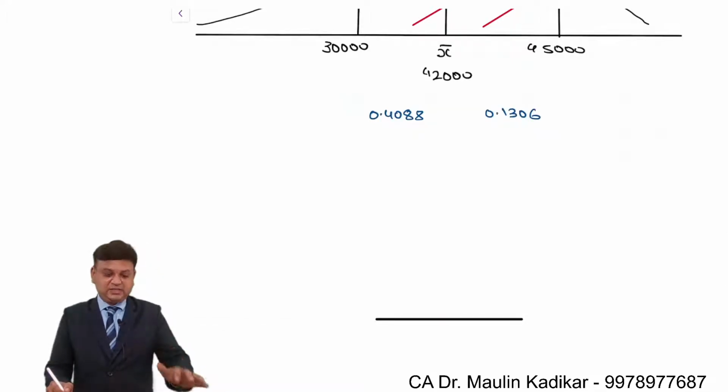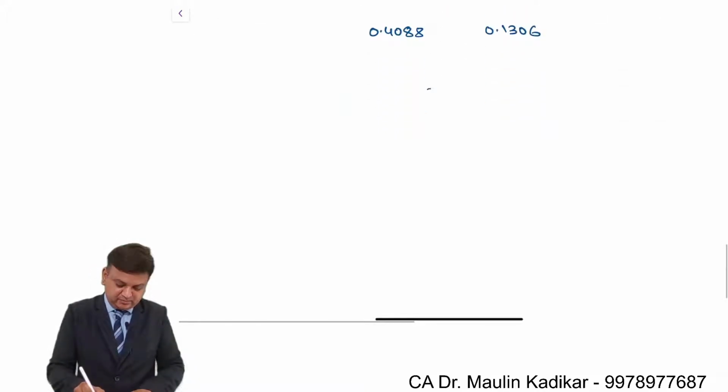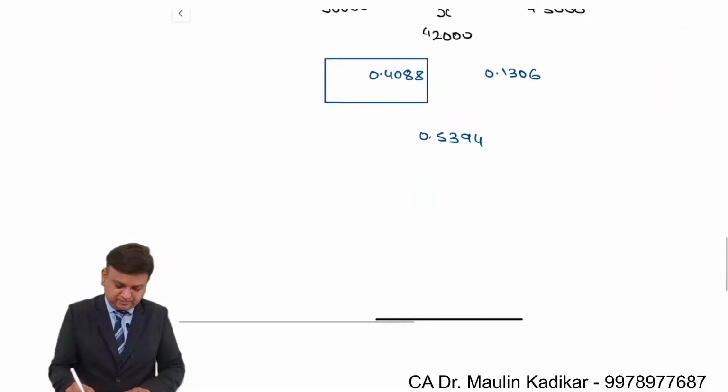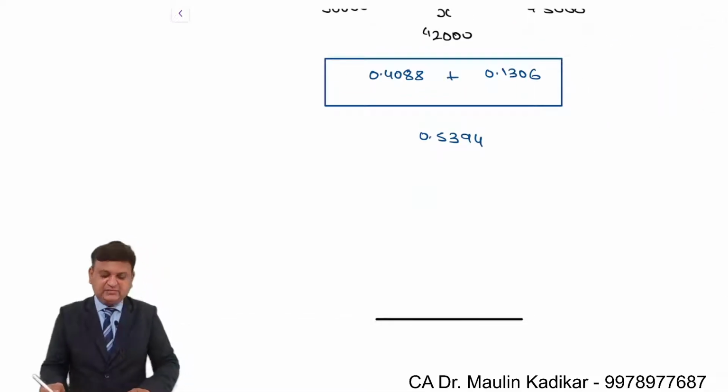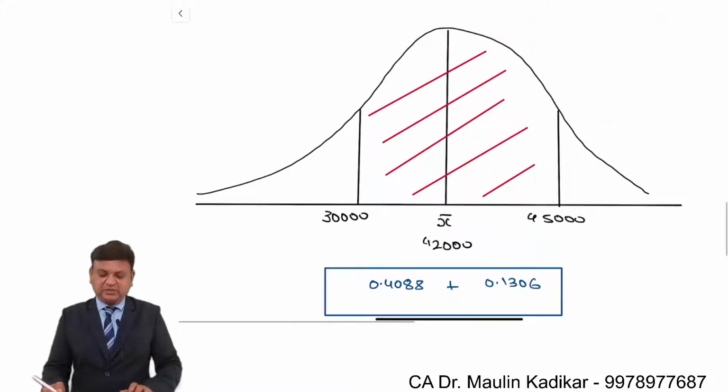So the final answer is 0.4088 plus 0.1306, and the total of both of them is 0.5394. This is the total, and that is our final answer. There are 53.94% chances that NPV of the project will fall within this area.